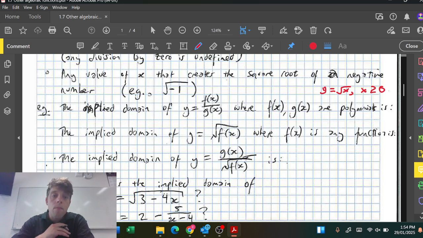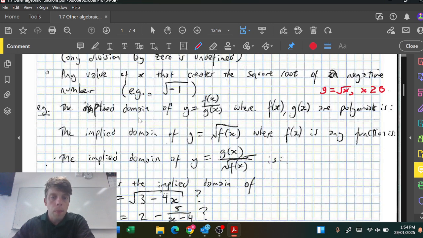Okay, so the implied domain of, let's say we have two polynomials, this is just extrapolating from this. If we have two polynomials, x squared plus whatever divided by x cubed plus whatever, where f of x and g of x are polynomials, what is the implied domain? Let's see if we can figure this out. This is an open-ended question.